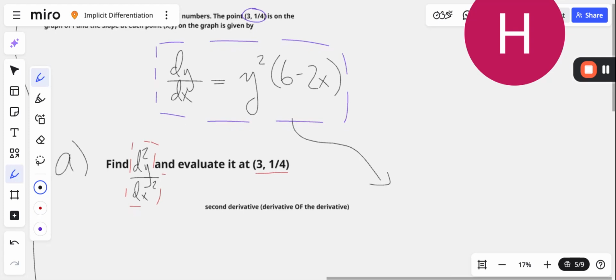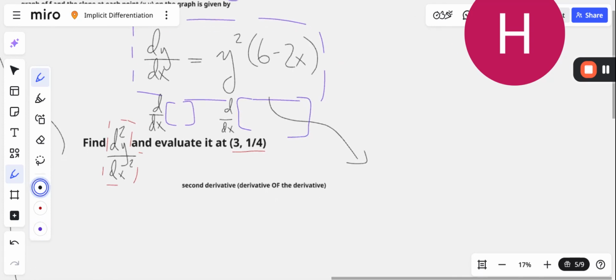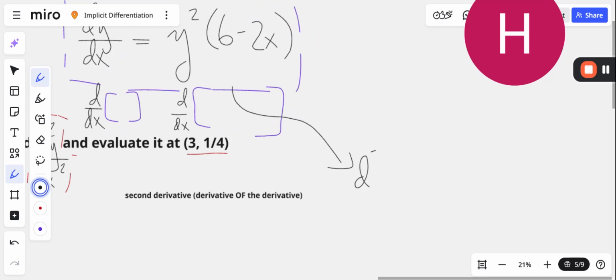Now, fortunately, dy dx is already isolated, so when we take a derivative of the left side, and then when we take a derivative of the right side, that's what these are representing here, we're going to end up with d squared y dx squared.